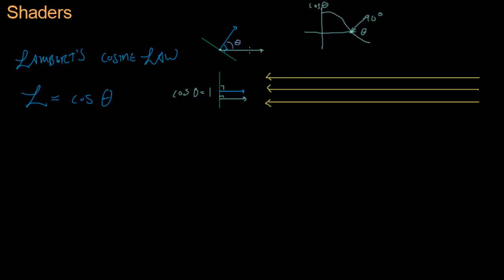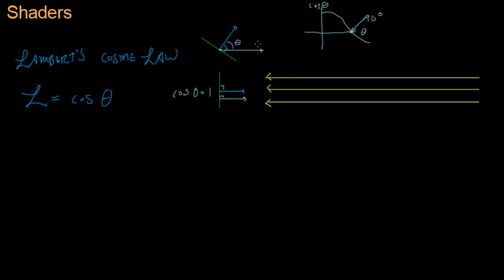If you think about it in terms of taking a piece of paper and putting it up to the sun: if it's facing the sun, it's going to be a nice bright sheet of paper. That's when cosine of theta is 1. If it's facing away from the sun, it's not going to get any light, and cosine of theta at 90 degrees is going to be 0.